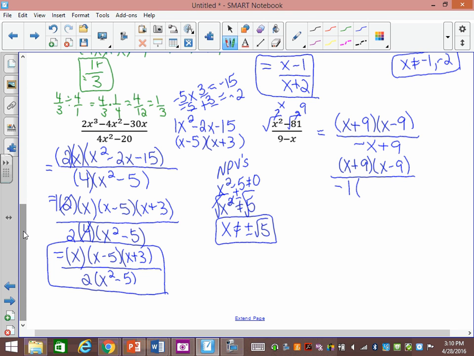If I take a negative 1 out, I'm left with positive x and minus 9. Look, they match. But if people don't usually write them x then the number, they usually don't spot that. They don't see that there's actually a chance that they're the same. So I was right, x then number. Now my non-permissible value is just going to be 9, because if it was 9, 9 minus 9 is 0. So x can't equal 9 is my non-permissible value.